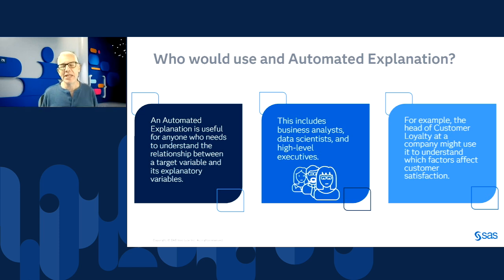So whether you're a business analyst or a data scientist, or even if you're a high-level executive, this is so point and click, so easy. You can get a lot of information very, very quickly. And I just have a simple example here. Maybe the head of customer loyalty at a company is trying to understand, hey, what factors in my data are showing up that really affect how happy my customers are?